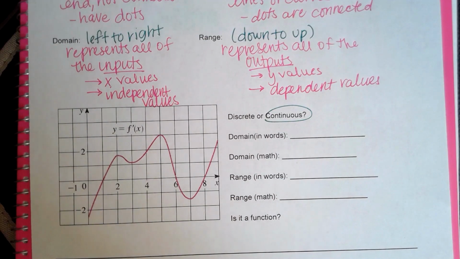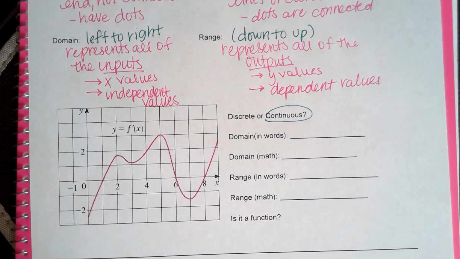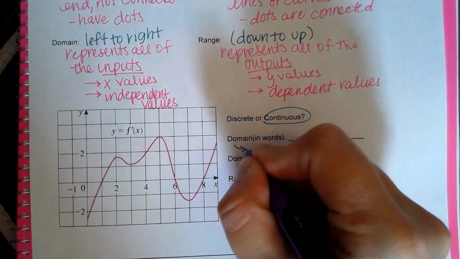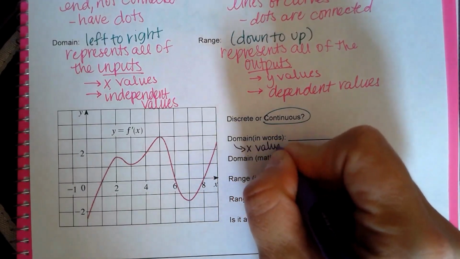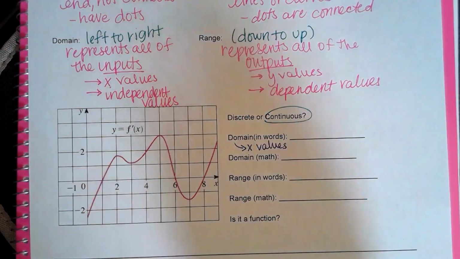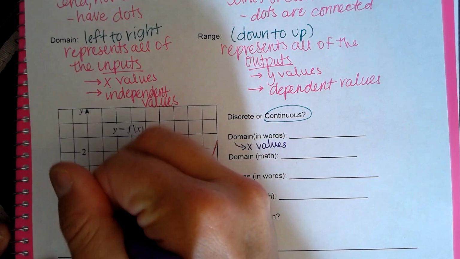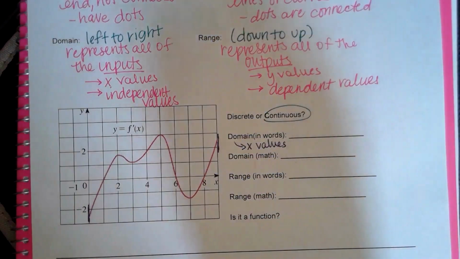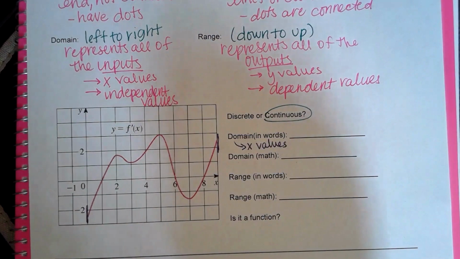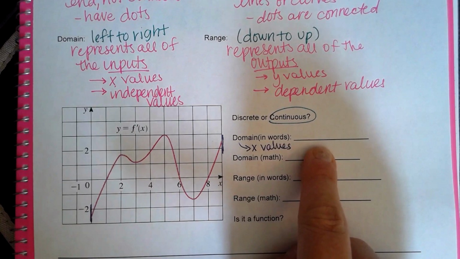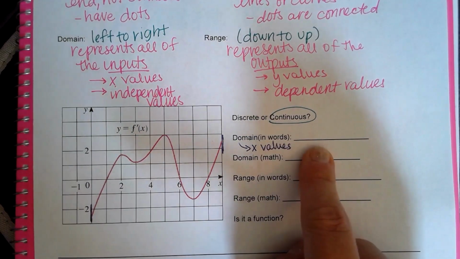Okay. So now when we are looking at our X values, or our domain, so our domain is our X values. Remember, I'm going to look left to right. So I'm physically on my graph going to put a mark where the graph stops left and the right. Okay. And so the easiest thing to do is to first state your domain in words.